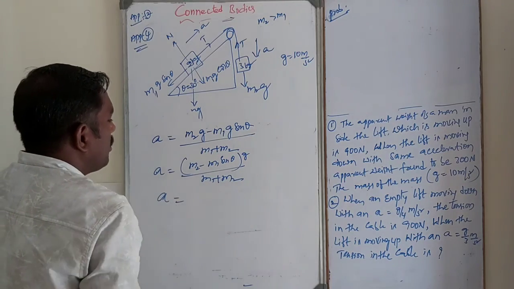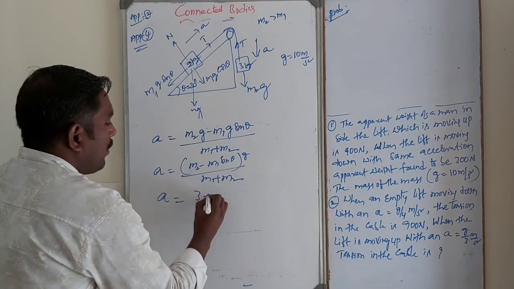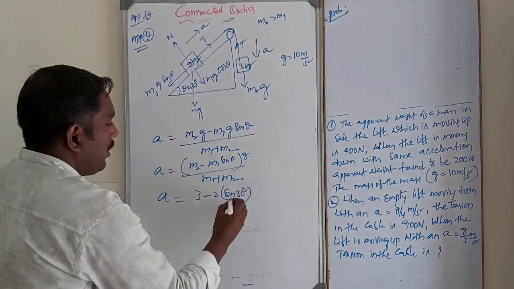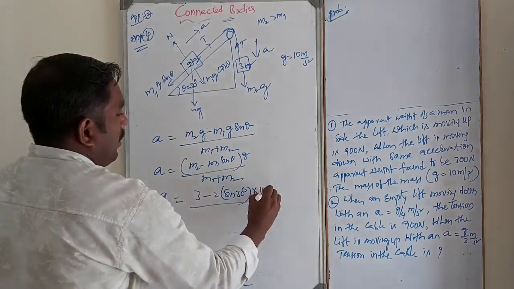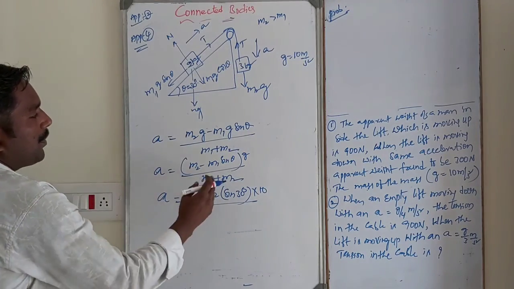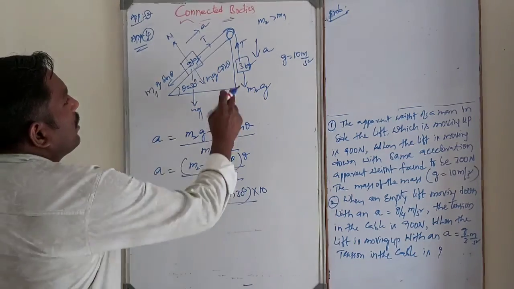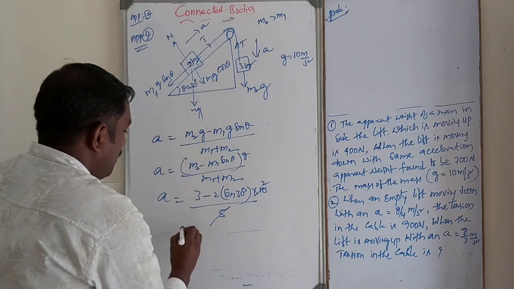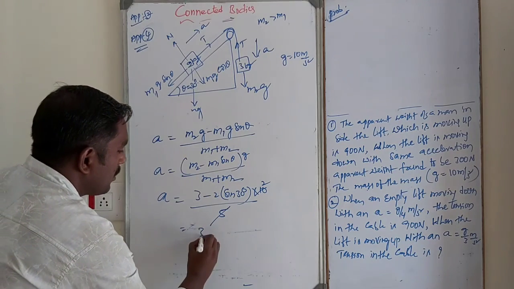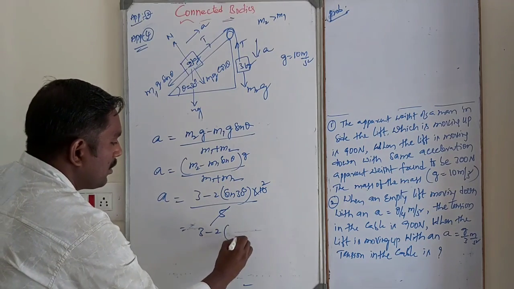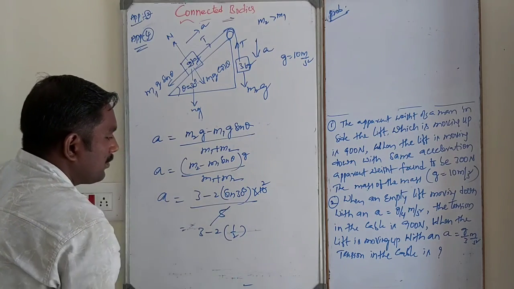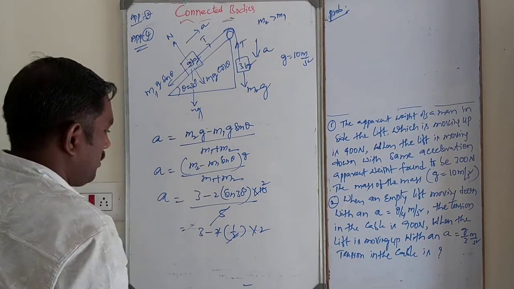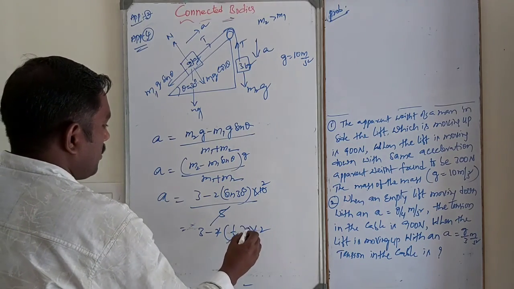The acceleration is equal to (3 minus 2 sin 30 degrees) into 10, divided by m1 plus m2, which is 3 plus 2, 5. So 3 minus 2 sin 30, which is 1 by 2. The 2s cancel out.